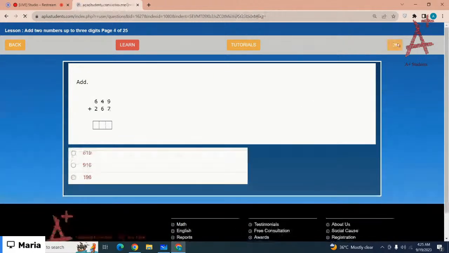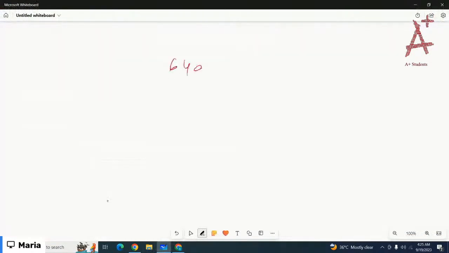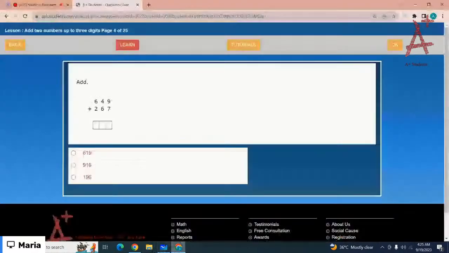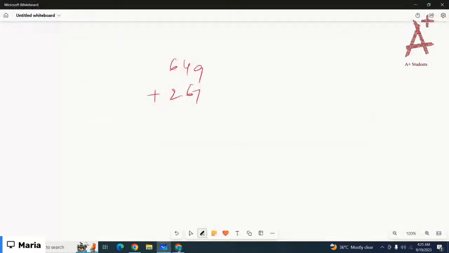The next one is 649 plus 267. So, which is the correct option? When you add them, the answer is, okay. Is it hard? No one is answering. So, start adding from the ones digit, right? 9 plus 7 makes 16.